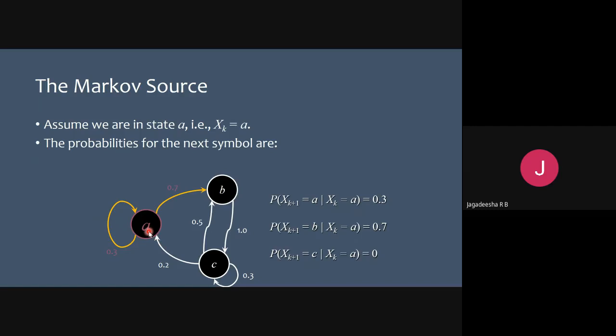That is right, because from A, there is no outward arrow going to C. That's why this source will never emit A and C. It may emit A and A, or it may emit A and B, but it never emits A and C. Such an event never occurs, so its probability is mentioned as 0.